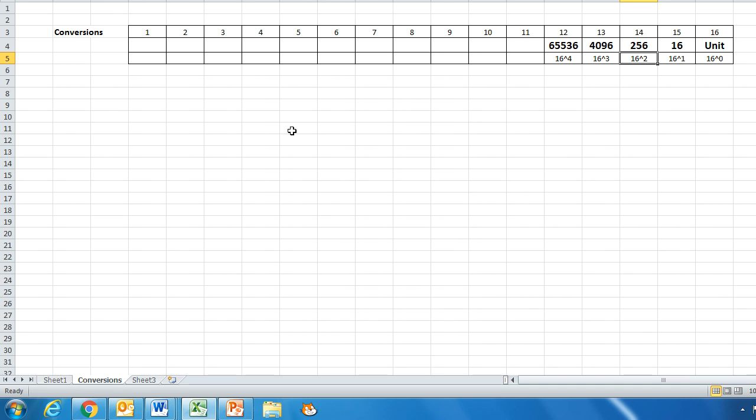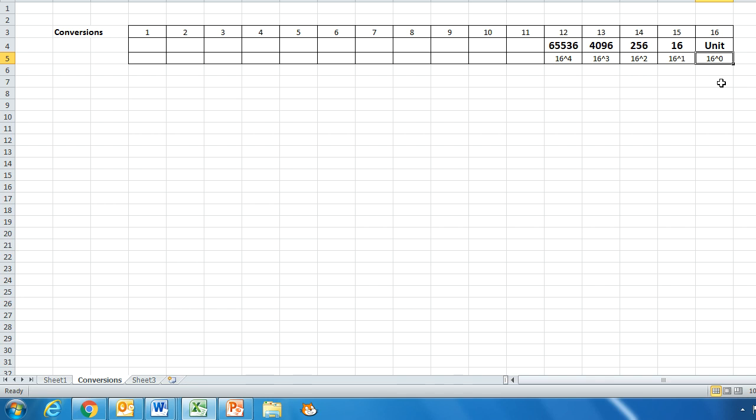But let's go to this conversion sheet that I have here. We always work from the right hand side when converting, and as with a binary system, as with a decimal system, the utmost right digit is the unit, and it's 16 to the power of 0.